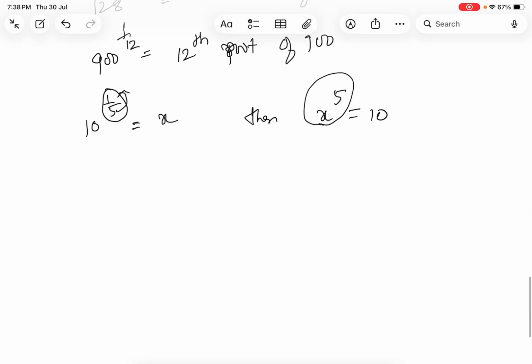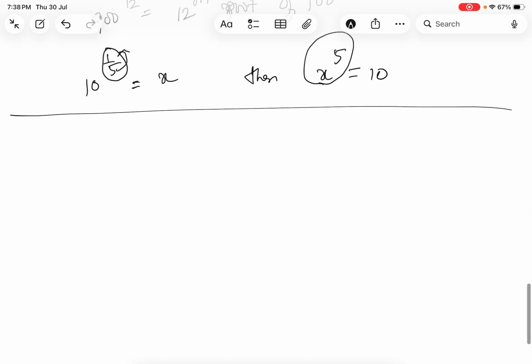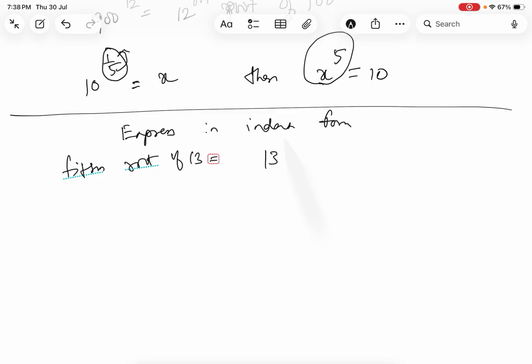Now in your textbook examples, you have been given the question as express in index form, right? Suppose you have the 5th root of 13, how will you write it in index form? 13 raised to 1 upon 5. Or say the 6th root of 9, then you write it as 9 to the power of 1 upon 6.